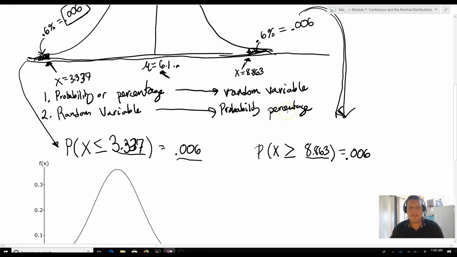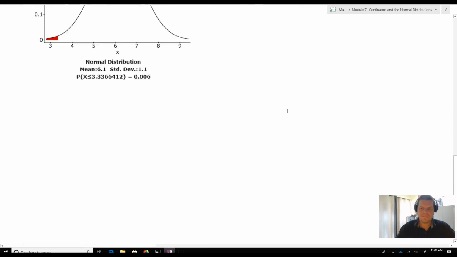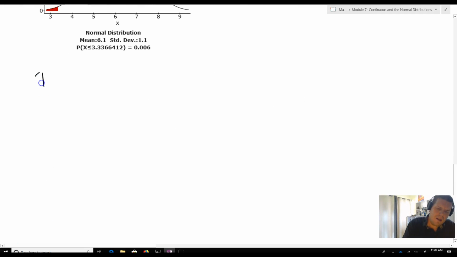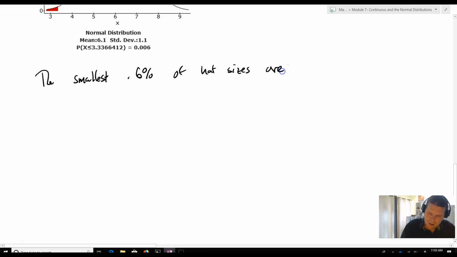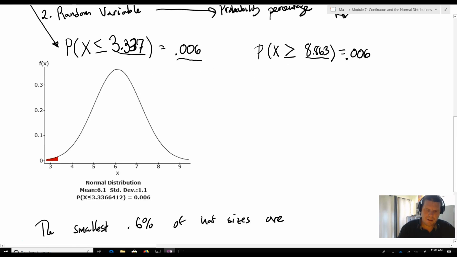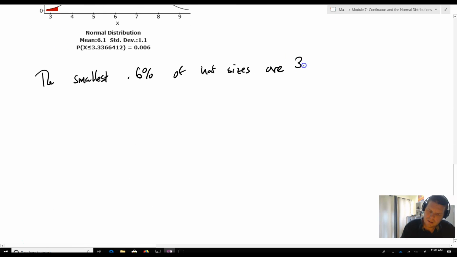So if I were to write out the sentence for what this is saying, here's what it's saying. The smallest 0.6% of hat sizes are less than 3.337 inches.